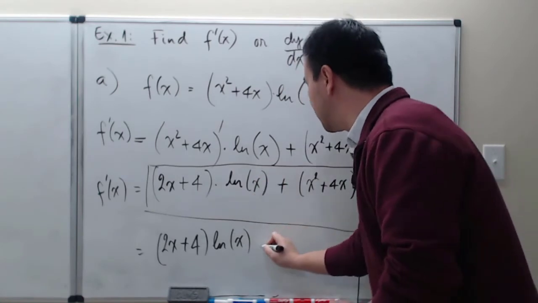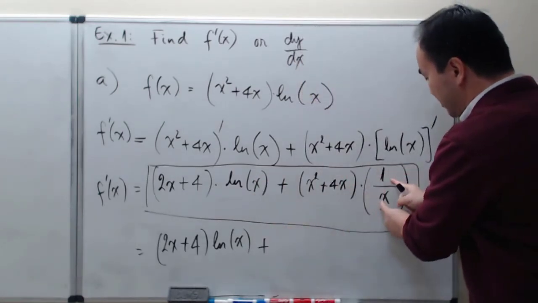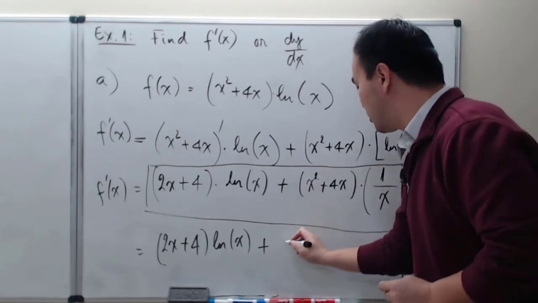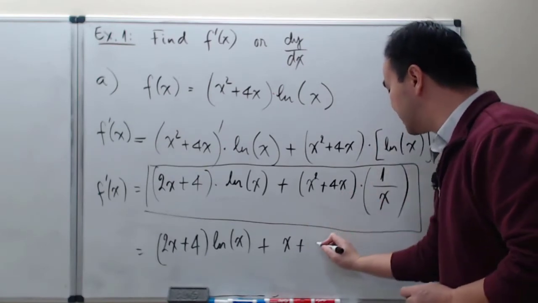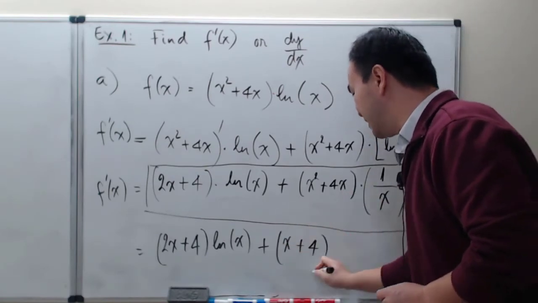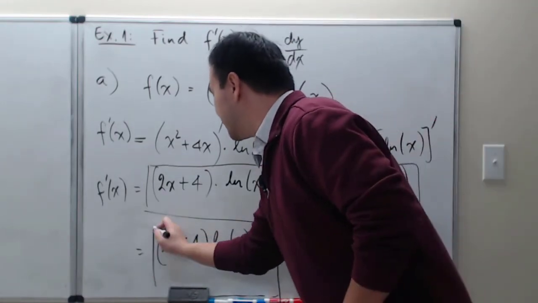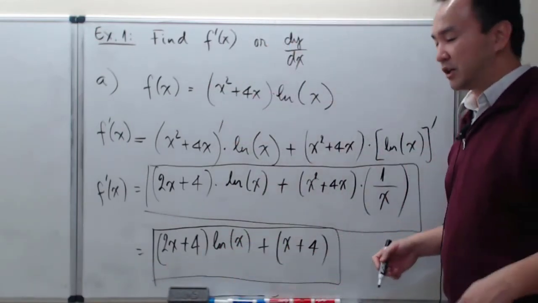But for the next term, distributing that 1 over x to each term, 1 over x cancels with x squared, giving us an x, plus, and x cancels with the other x, so x plus 4. That's about all we can do.